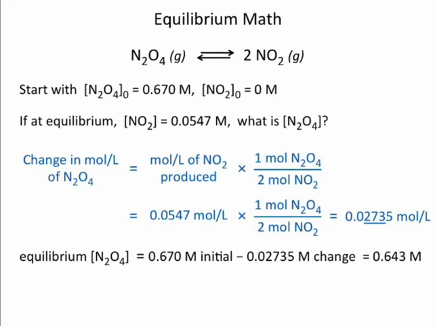We know we're subtracting it because we start with pure N2O4, and at equilibrium, you're going to have some concentration of both. So overall, this reaction is going to shift to the right, which means from the start to reaching equilibrium, it's going to take away some of the reactants and form products. So we say it shifts to the right, and we know we're going to have to subtract some concentration from the reactant N2O4.